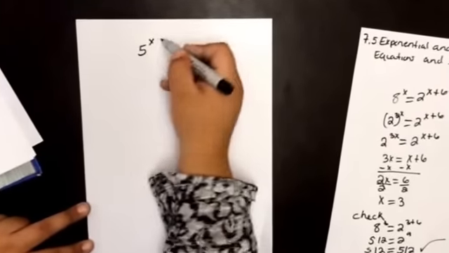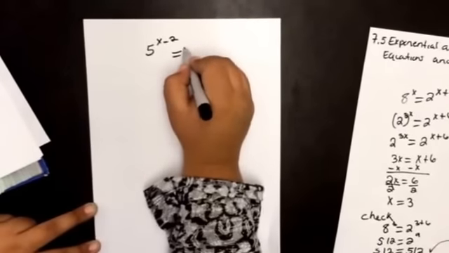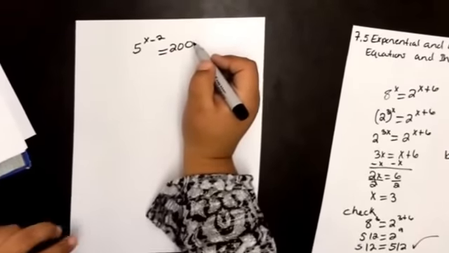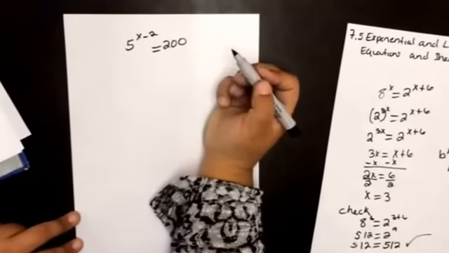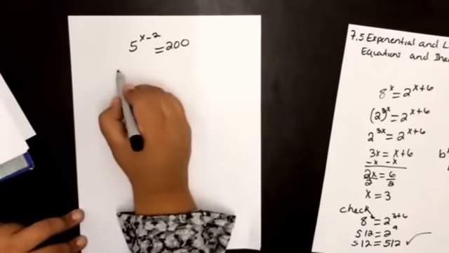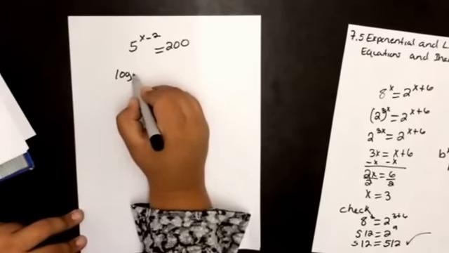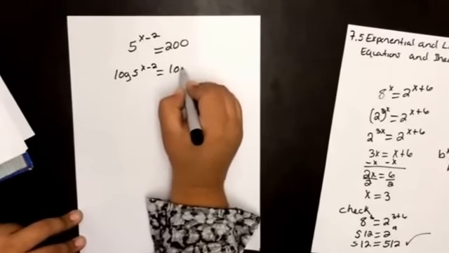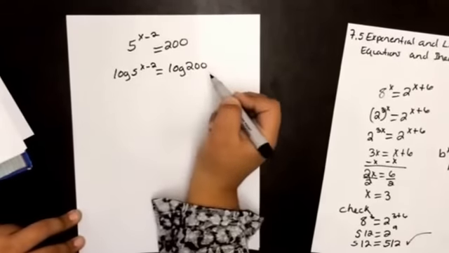What do we have? 5 to the x minus 2 equals 200. Since 200 is not a power of 5, we need to take the log of both sides. So I'm going to write it as log of 5 to the x minus 2 equals log of 200.